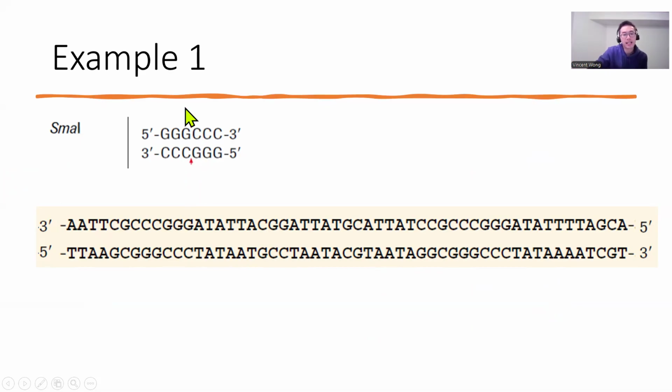It's going to create a blunt end. So pay attention to the 5' and the 3' over here. I want you to look at the sequence and figure out where the cuts are going to happen, and how many times it is going to get cut.